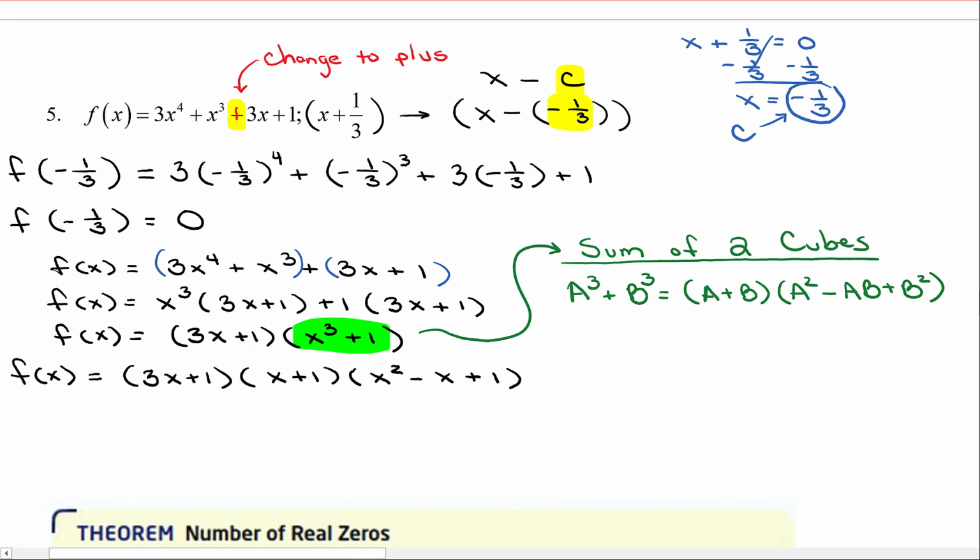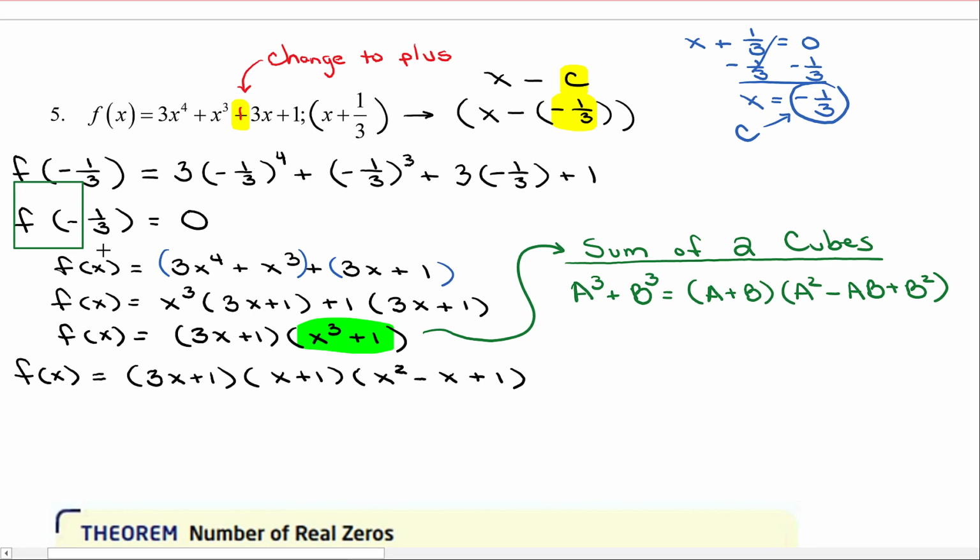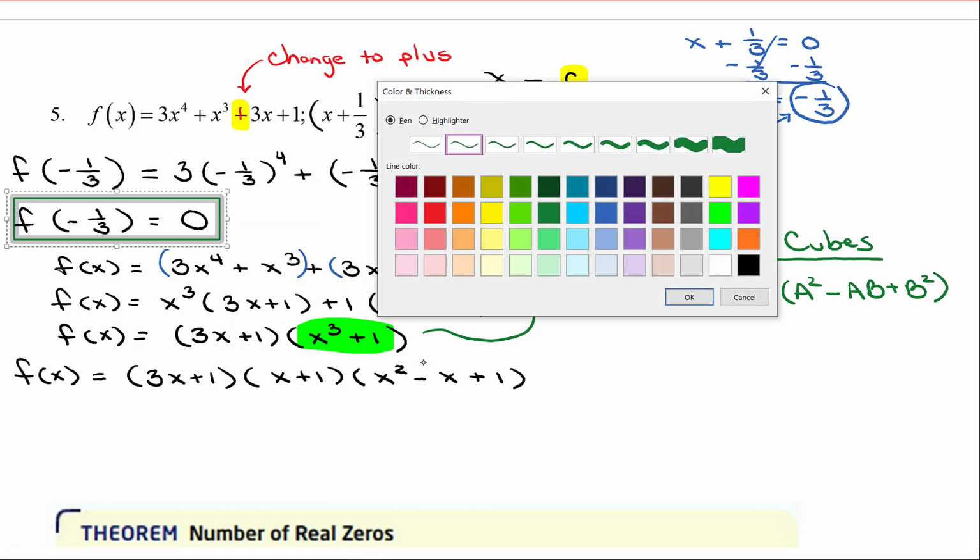All right, so I have completely factored out the function. And I also found out that remainder that it was asking me for.